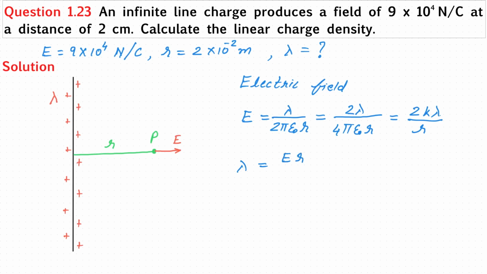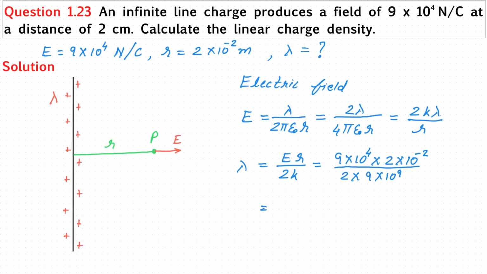Lambda is equal to ER upon 2k. Now we know the value of electric field E, that is 9 into 10 raised to 4, multiplied by r, which is 2 into 10 raised to minus 2, and divided by 2k, where k is 9 into 10 raised to 9.